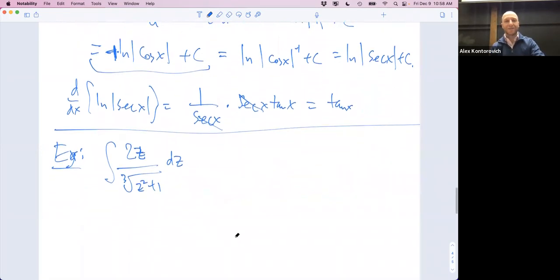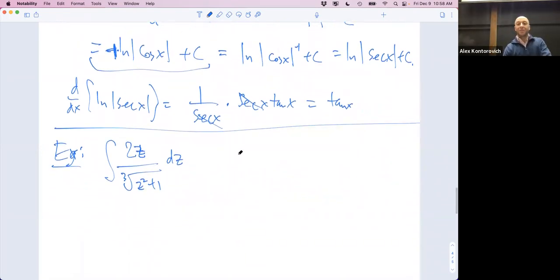What do you have in mind? Make u equal to z squared plus 1. That is certainly one option. Let's see what happens if we make u equal to z squared plus 1. I see why you would want to do that. Then you would just get a u to the minus 1/3. That's a reasonable thing to be able to integrate.